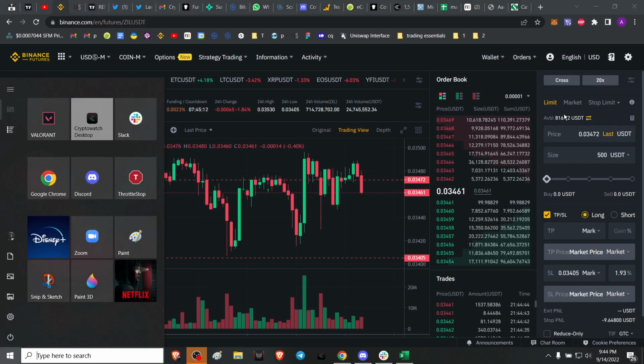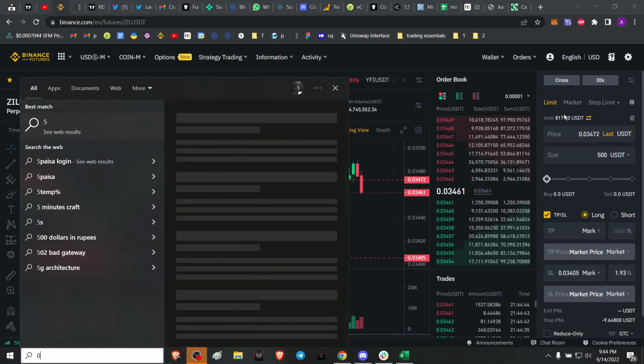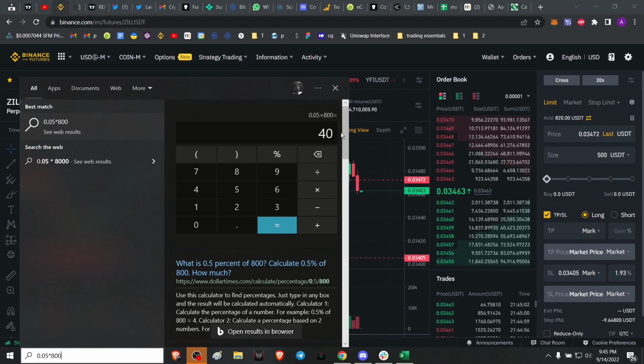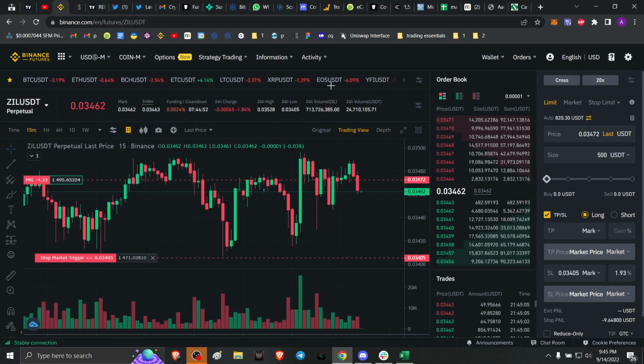In which case, 5% of 800 would be $40. That means you should only lose $40 even if all your trades get stopped out. That's basically what I mean by risk.